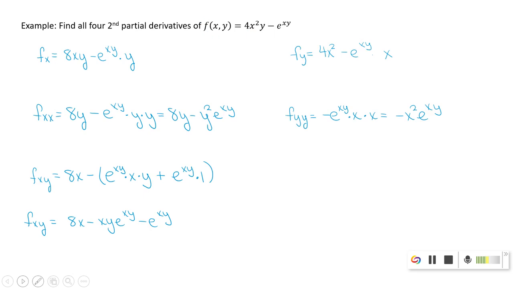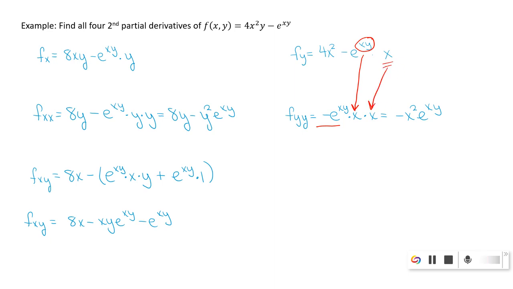All right, so there's my f sub y, and then I have 2 things to do. I'm going to find f sub yy. I'm going to take the derivative of that with respect to y. So 4x squared doesn't have any y's. Derivative of that is 0. Second term, we'll use the chain rule, so we're going to get a minus e to the xy. Derivative of xy is just y. And then I'm going to copy down that other x.